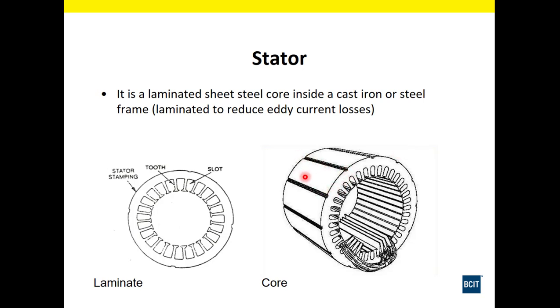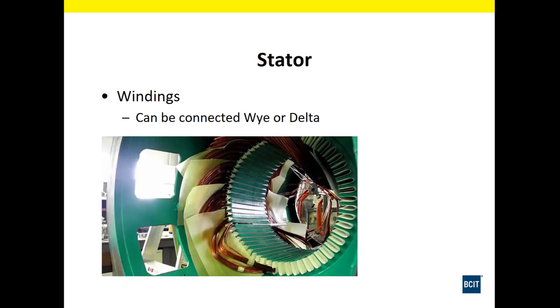Here's the weld marks here along the side. These are sheets. Now, we use laminated sheets like we do with transformers to reduce eddy current losses. The stator windings can be Y or delta connected, and they're laid at specific intervals inside the slots in the stator core.